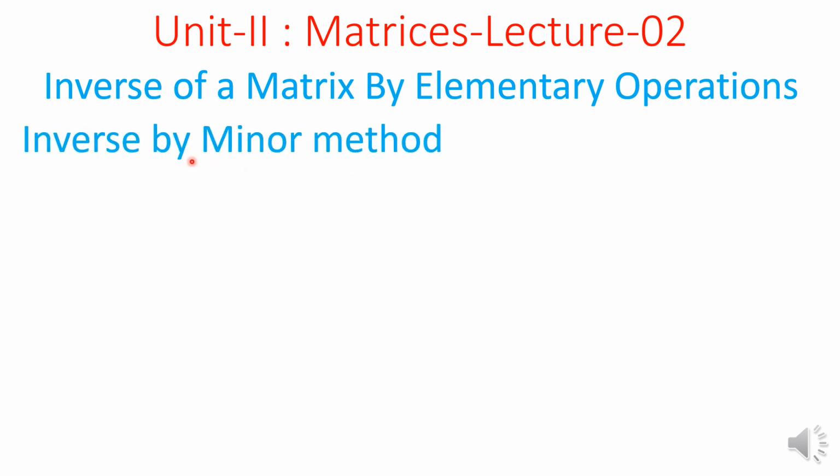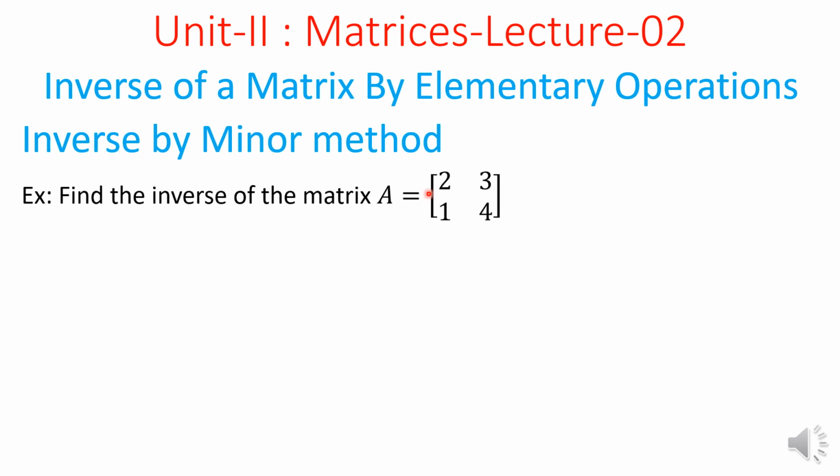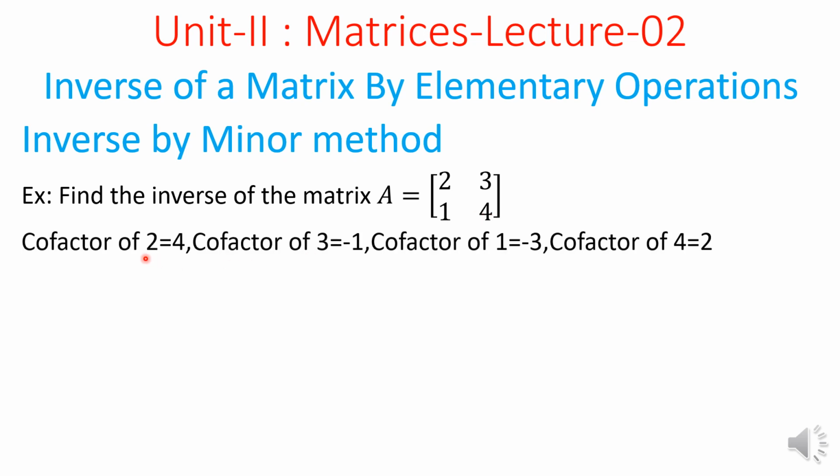You have studied inverse by the minor method. For example, if I have a simple 2 cross 2 matrix, say A is equal to [2 3; 1 4], what you did in your previous class is find the cofactor of each and every element. Cofactor of 2 is 4, cofactor of 3 is -1, and so on.